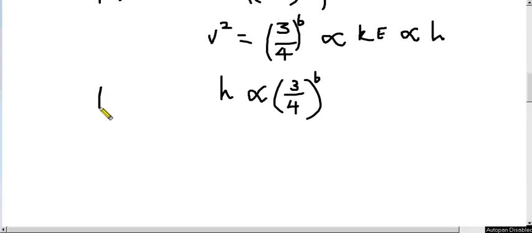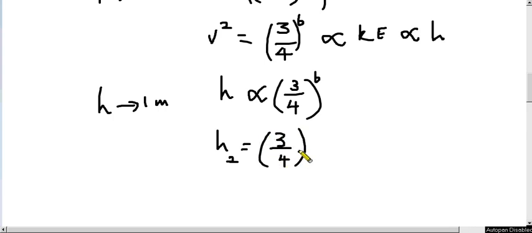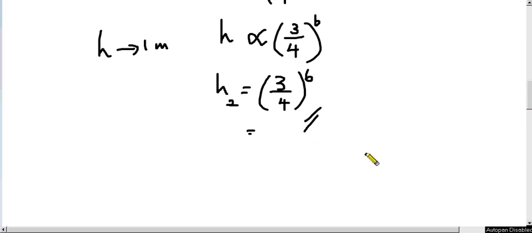Since the initial height has been 1 meter, the new height is 3/4 power 6 times 1 meter. If the initial height had been 2 meters, the new height would be this value times 2 meters. So we don't have to multiply by 1, just this is the answer.